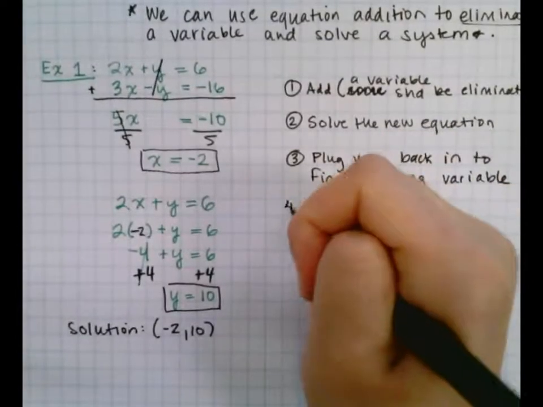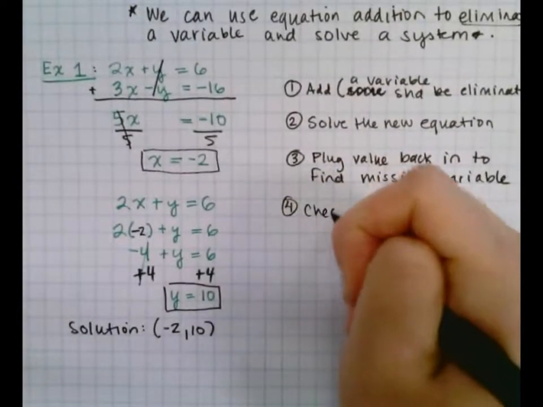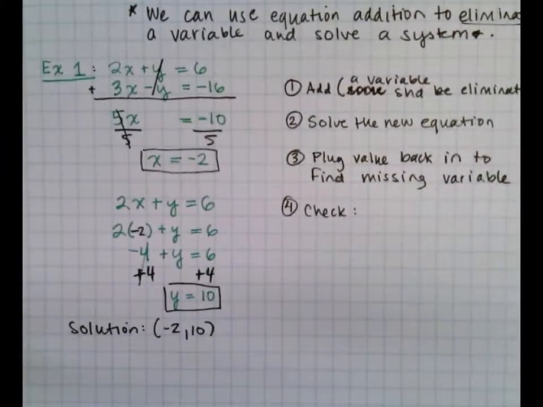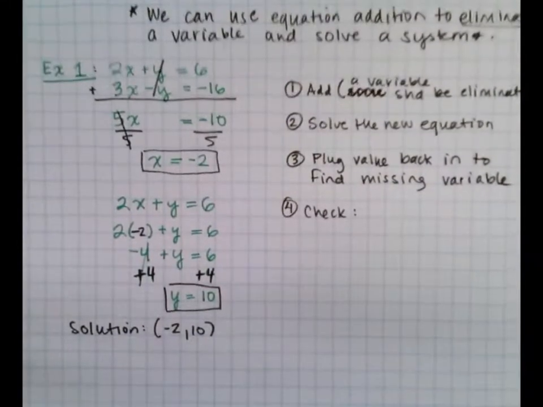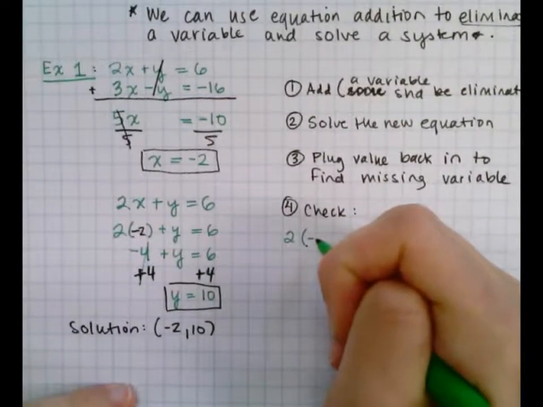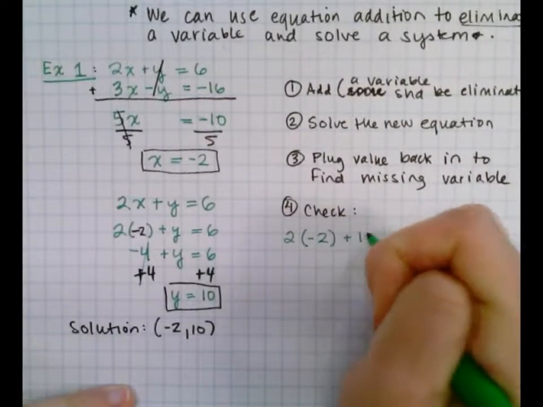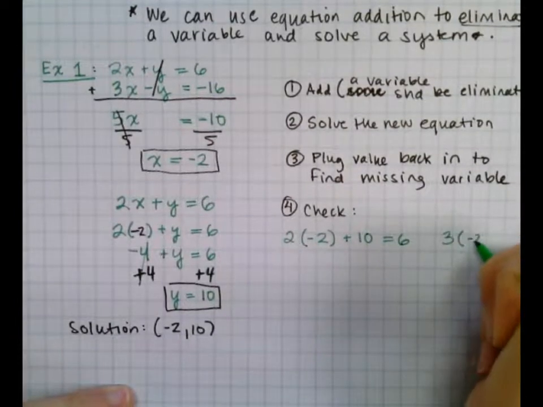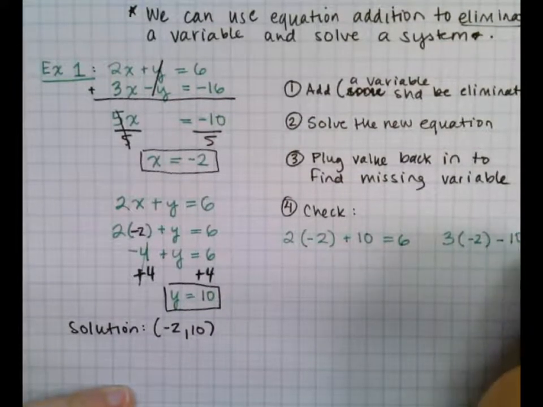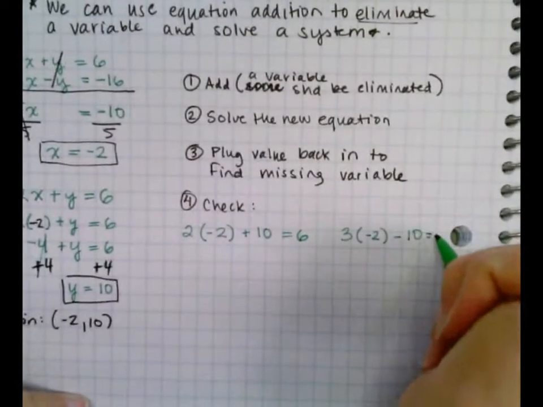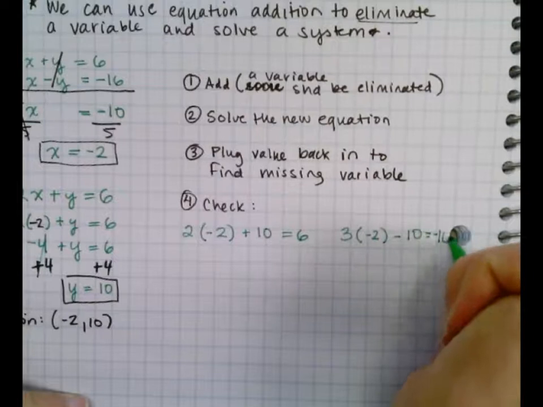My fourth step here is that we can always check by plugging in, right? And in a system, you have to plug into both of your two equations. I know it's kind of tedious, but we can do it pretty quickly, actually. So I'm doing 2 times negative 2 plus 10 and checking to see if that equals 6. And then I'm doing 3 times negative 2 minus 10, which should equal negative 16.